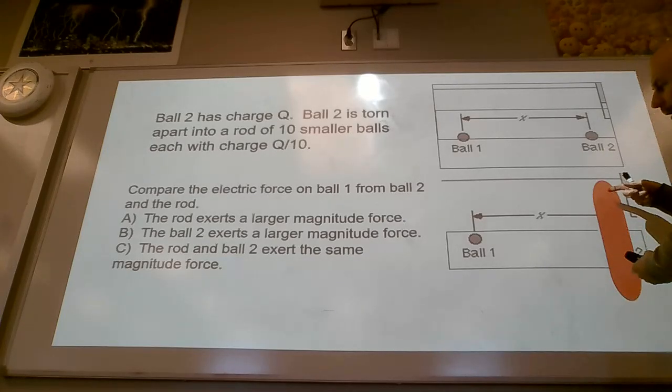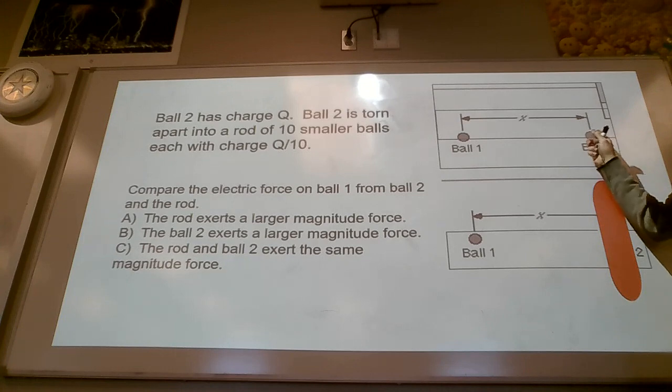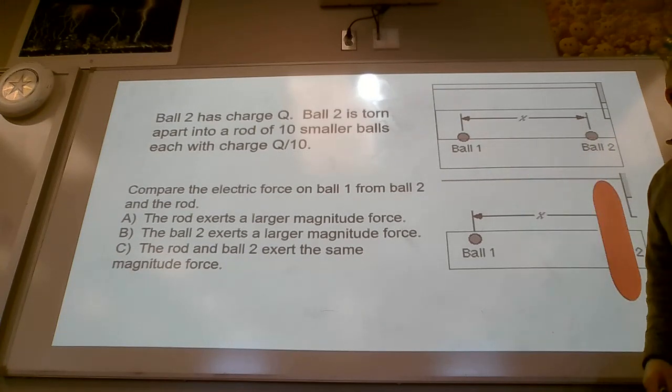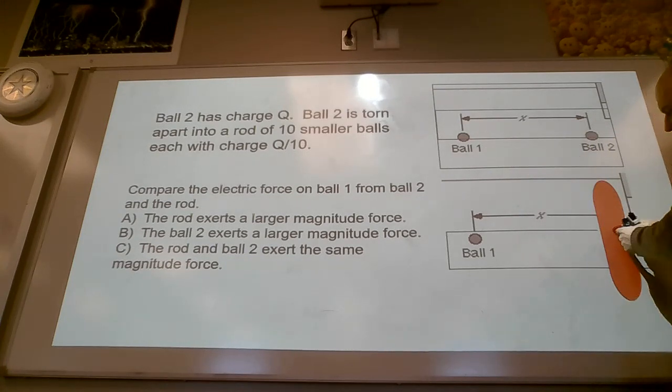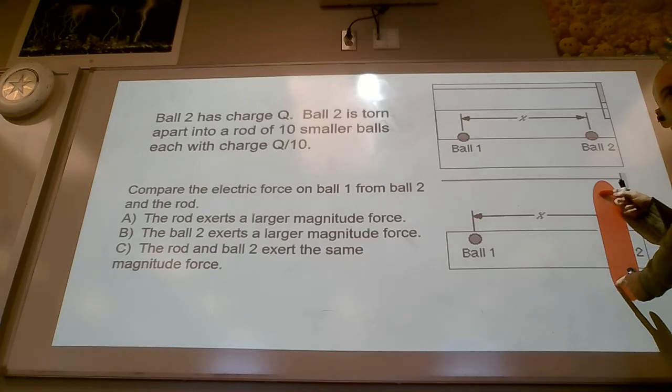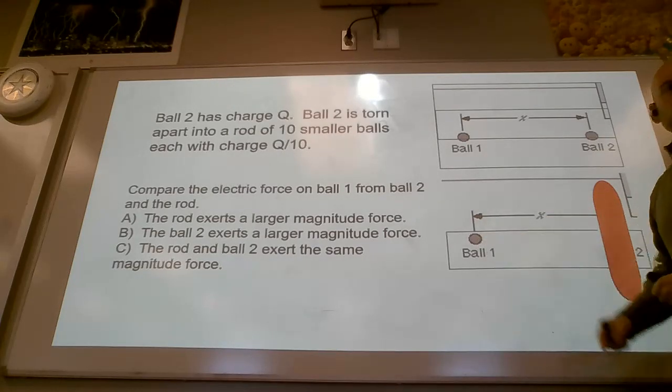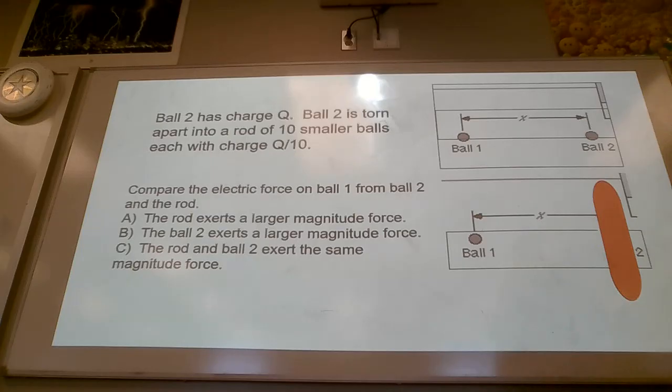Okay, there's a greater distance here. This is the closest the charge can be to this one. As you go here, we're getting further away from this point, contributing less force than it would be at the shortest distance.